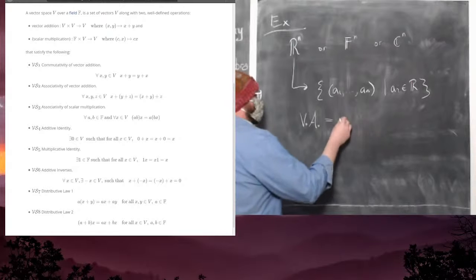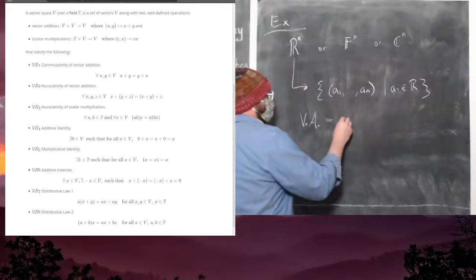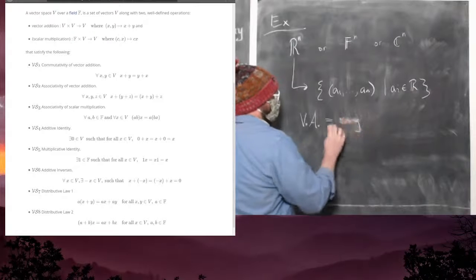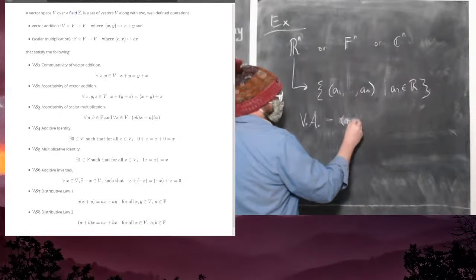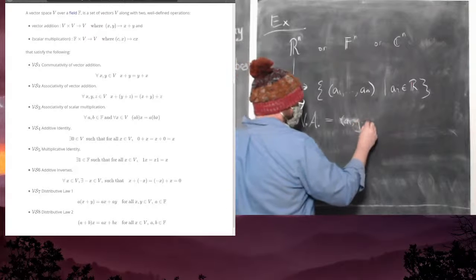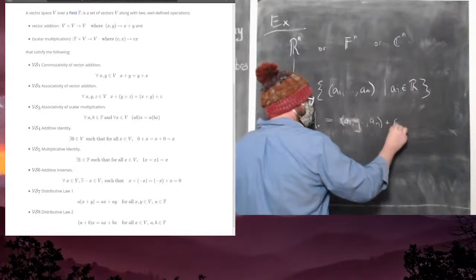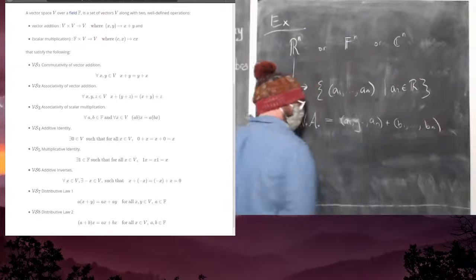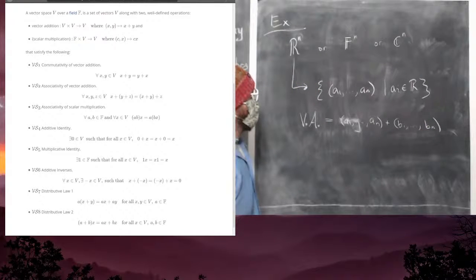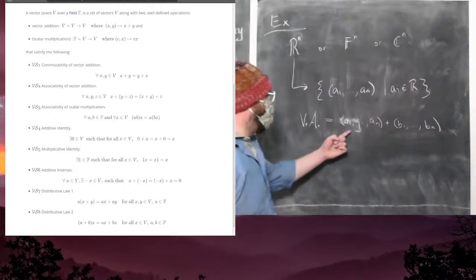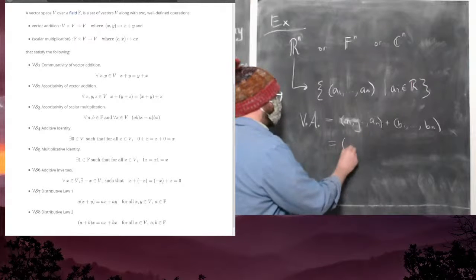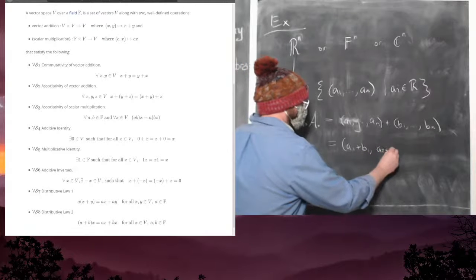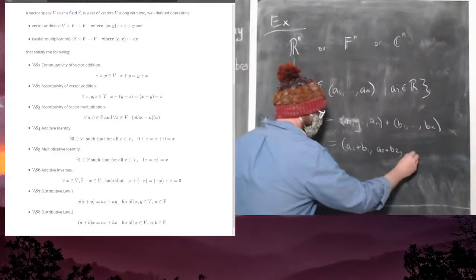So if you have, say, (a1, ..., an) plus (b1, ..., bn), the obvious thing to do here is just add component-wise, and that's exactly what we do.